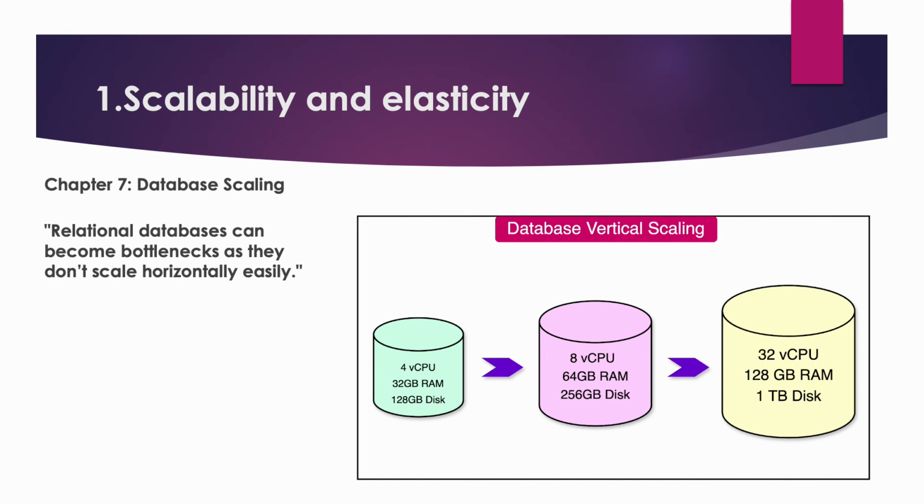And database scaling. A relational database can become a bottleneck as they don't scale horizontally easily. A solution for this is using read replicas to distribute read queries. For instance, if a master database is handling heavy write operations, setting up read replicas can offload read traffic. Amazon RDS allows you to create up to 6 read replicas for your database, improving performance without compromising data integrity.